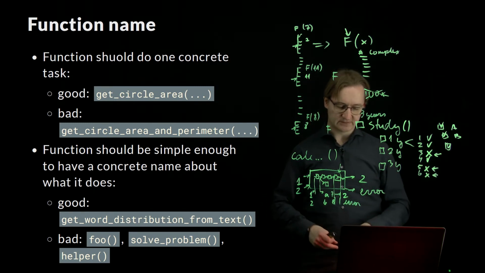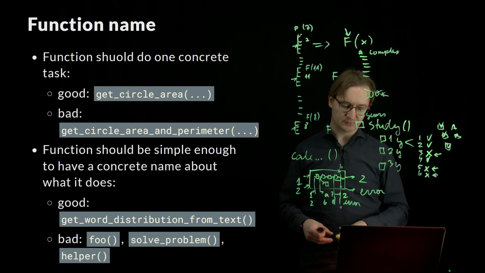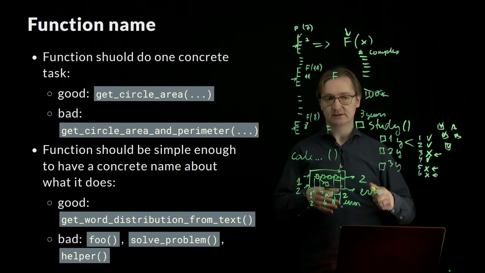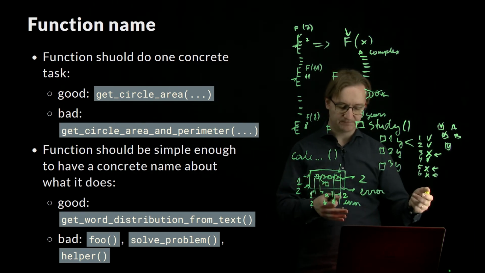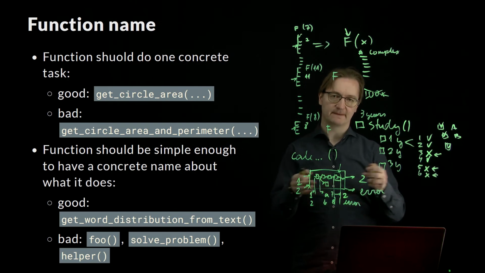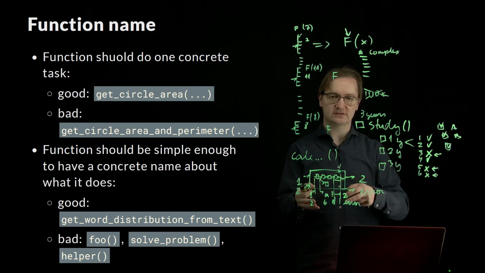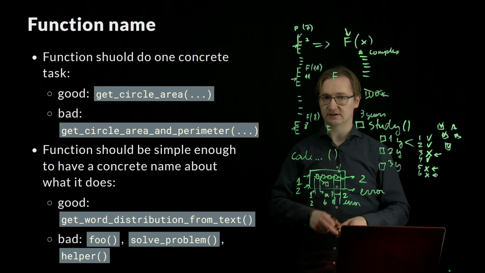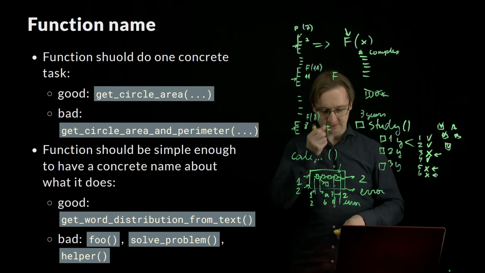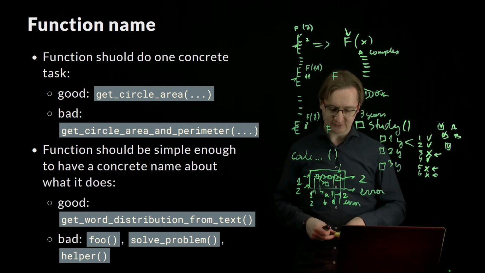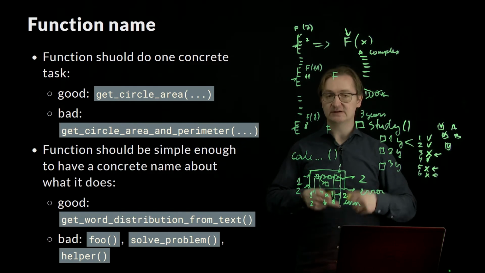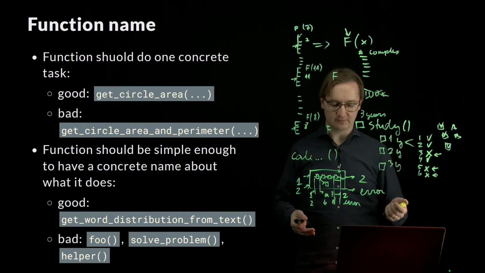So a good example is, for example, get word distribution from text. We understand what it does, it takes a text, it tries to find the distribution of words inside this text, and we get this as a result. But if we have a function called foo, or solve problem, or helper, this is very general. I mean, solve a problem, what kind of problem?